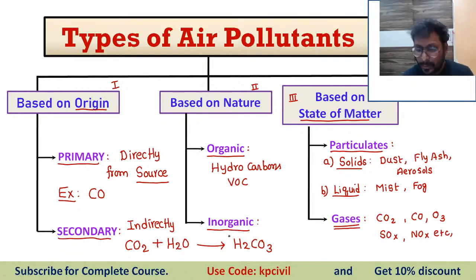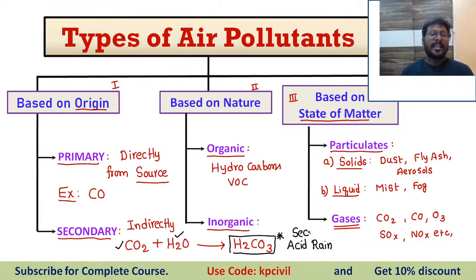No. H2CO3 is originated from one primary air pollutant, carbon dioxide, and one atmospheric component, water vapor, mixed together, generating acid rain, carbonic acid H2CO3, which is a secondary air pollutant. Got the difference now?